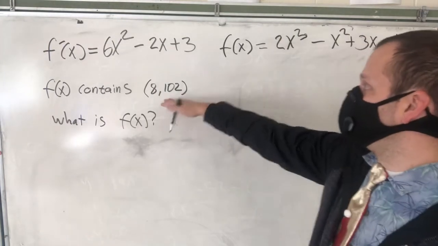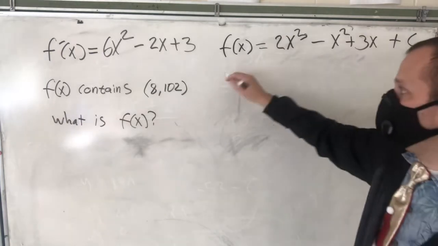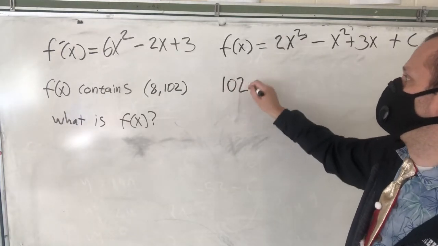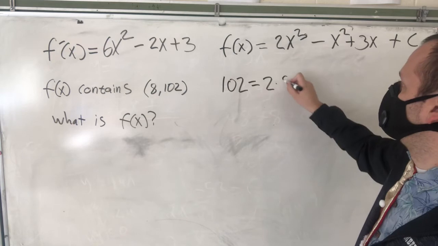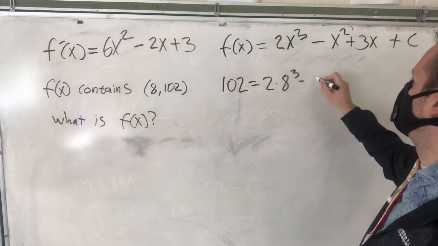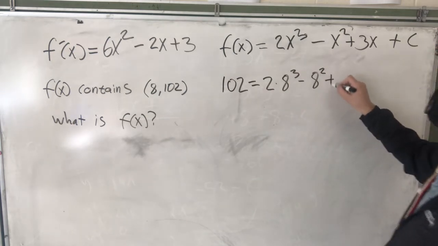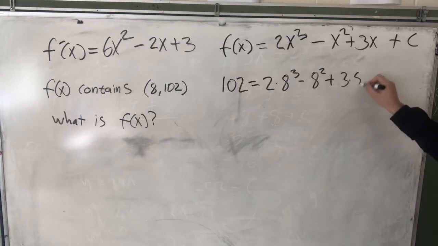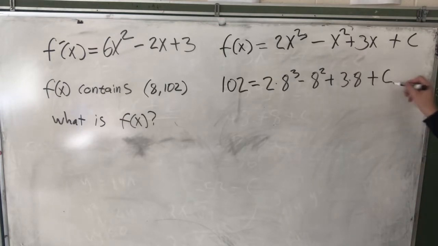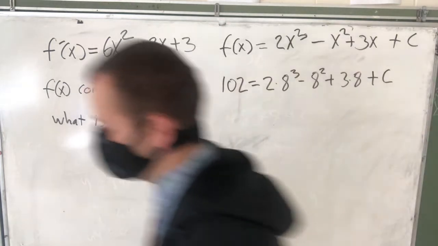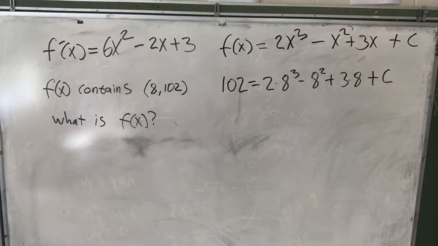All right, now we need to figure out what c is. So I take this point and plug it in. I've got 102 equals 2 times 8 cubed minus 8 squared plus 3 times 8 plus c.